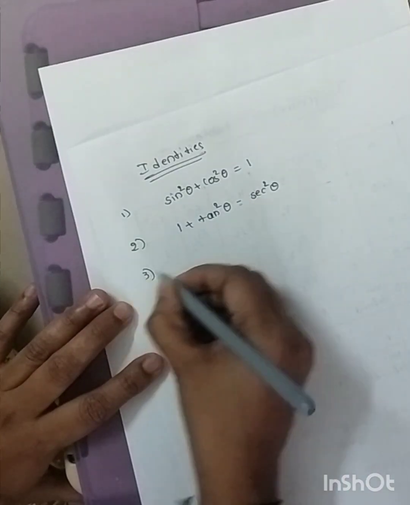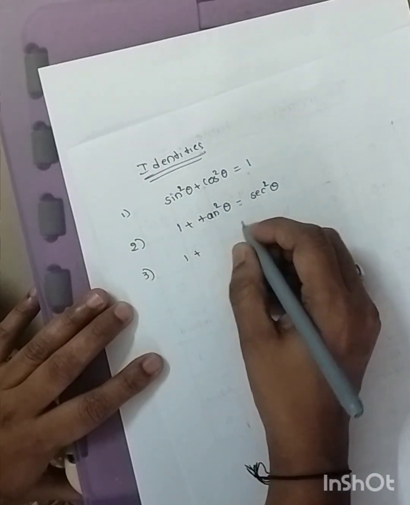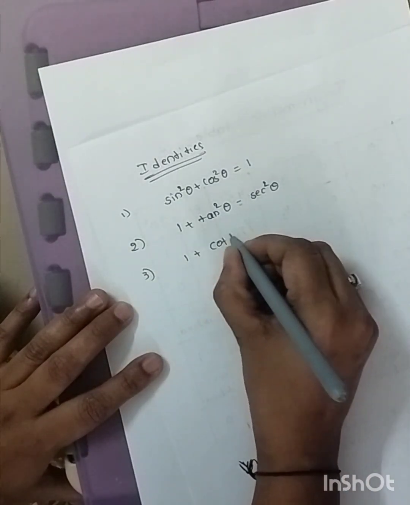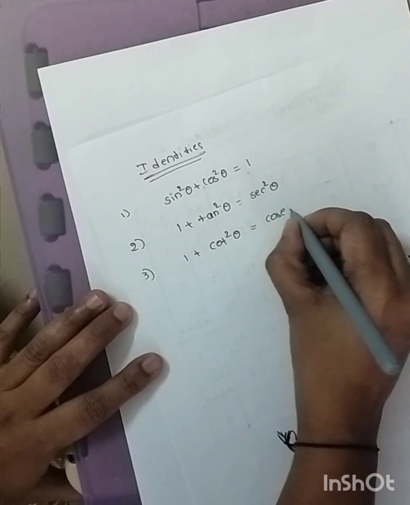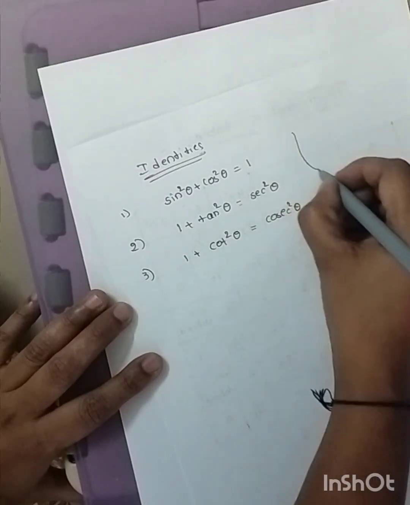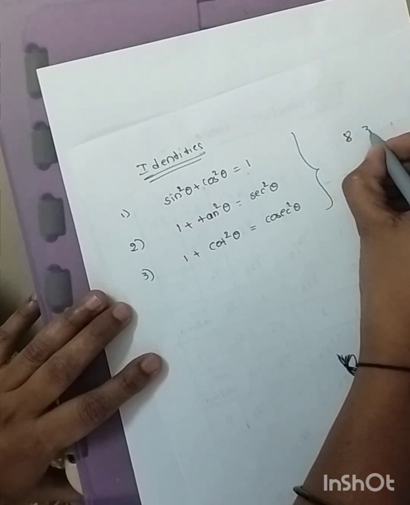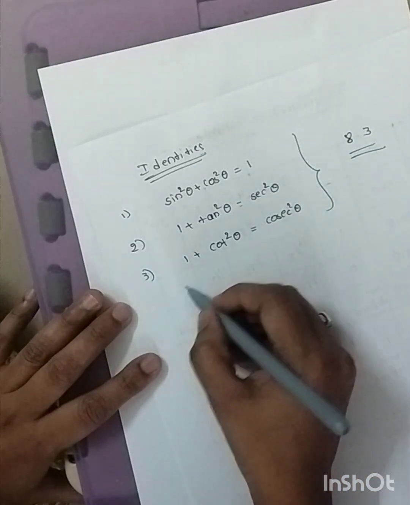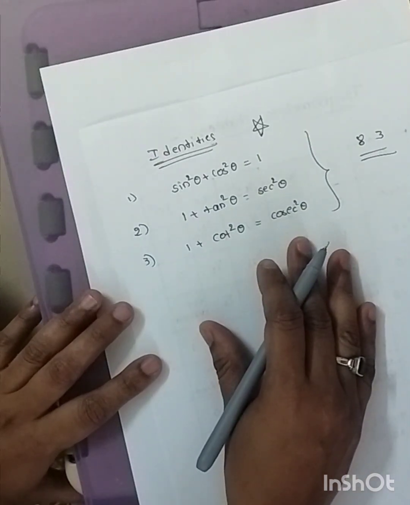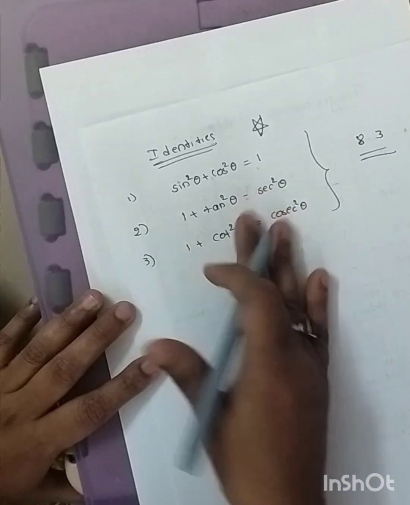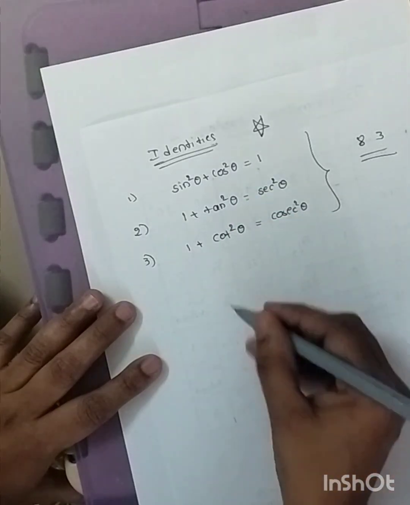The third identity we have to remember is 1 plus cot square theta is equal to cosec square theta. We majorly use these in exercise 8.3. These are very important identities we have to remember to evaluate various trigonometric functions, which we are going to study in the higher classes also.